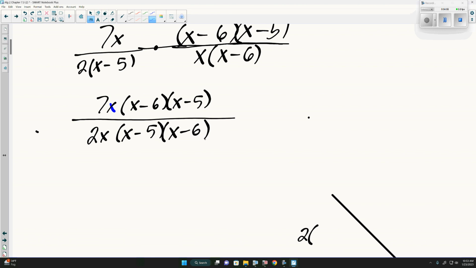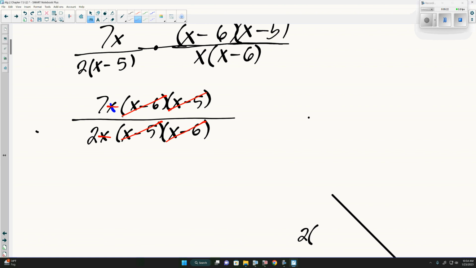So we can rewrite it as 1 and move them all together, or we can connect the 2. Now our terms that will simplify will be the single x and single x, because x divided by x is 1. We can also cancel out the x minus 5 and x minus 5. And lastly, we can cancel out the x minus 6 and x minus 6.